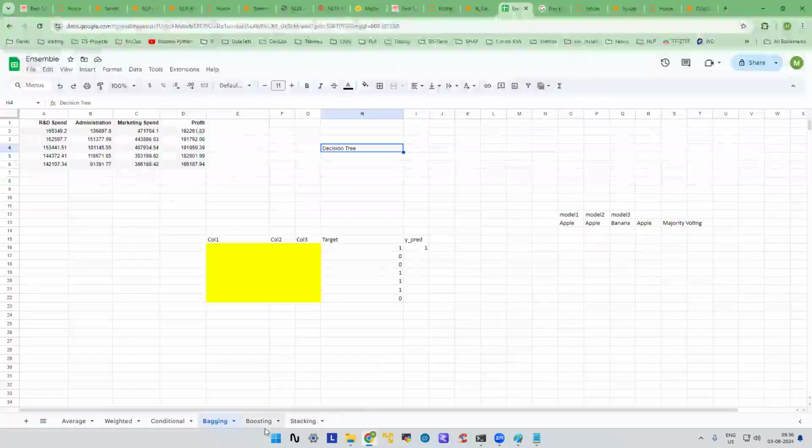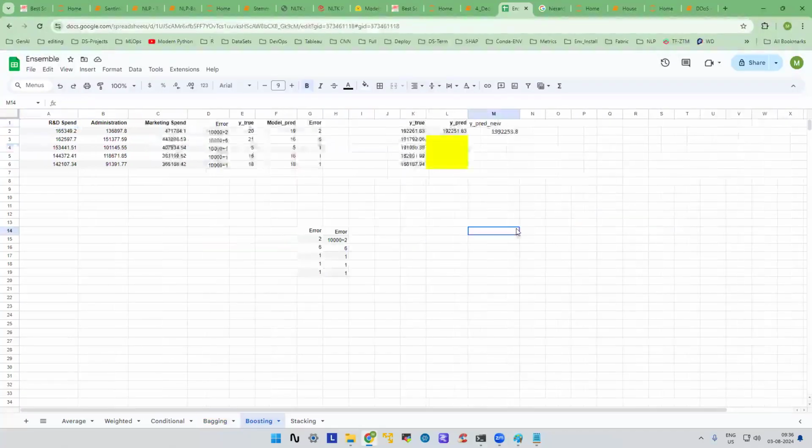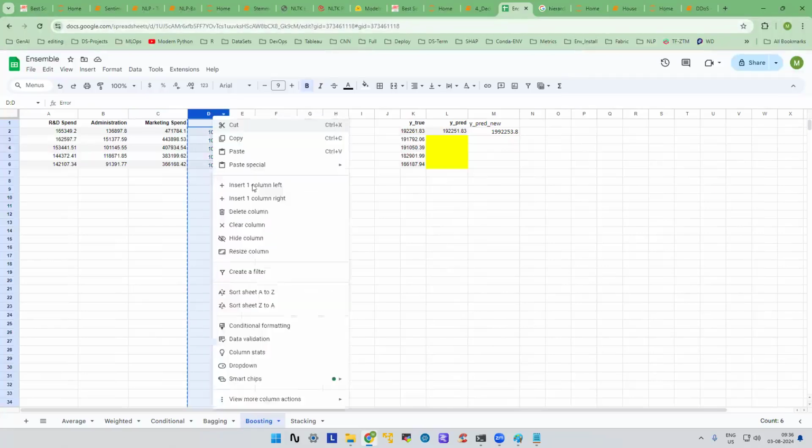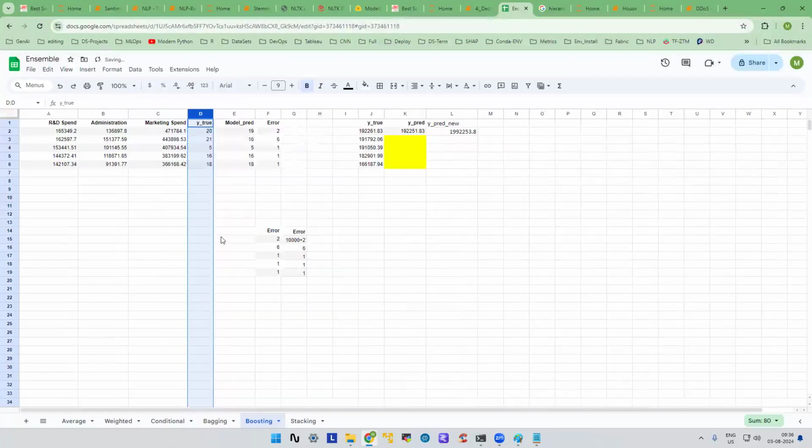All right. The next one is boosting, which is a bit complex, because bagging is anyway based on the average concept. Let me explain this. These are the input columns, and this is the target variable, what we got from the client.